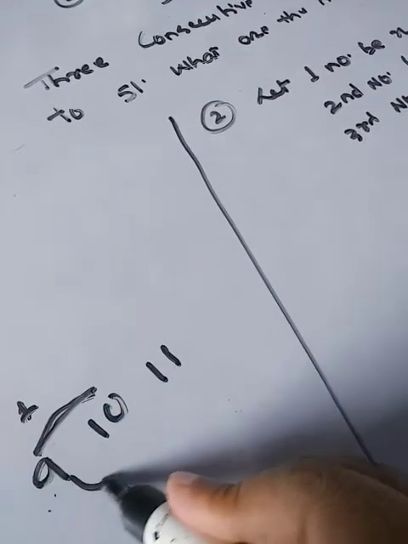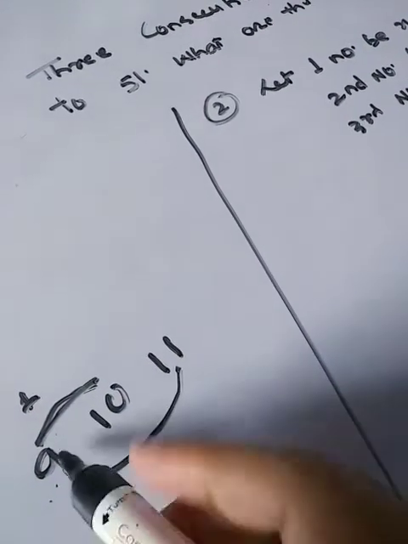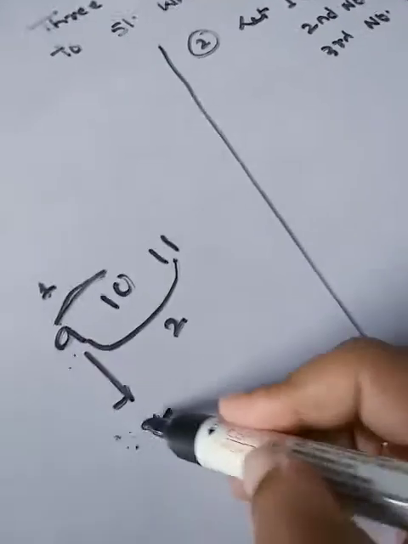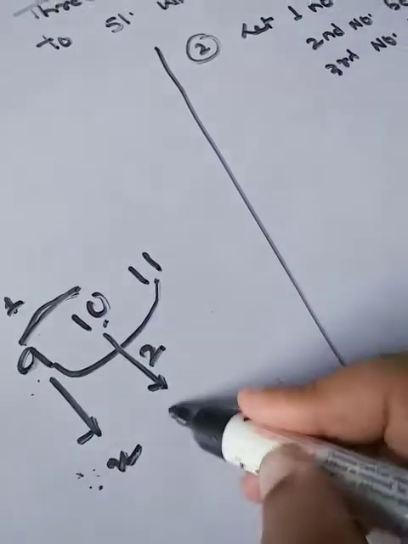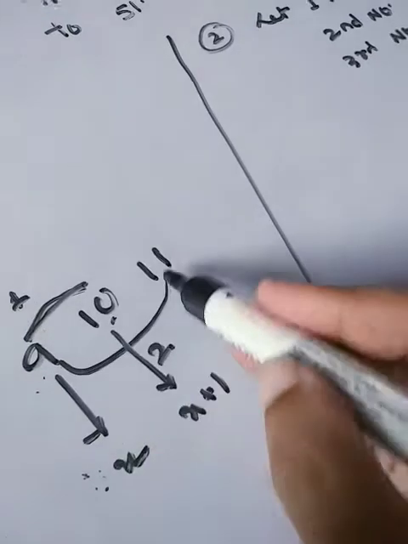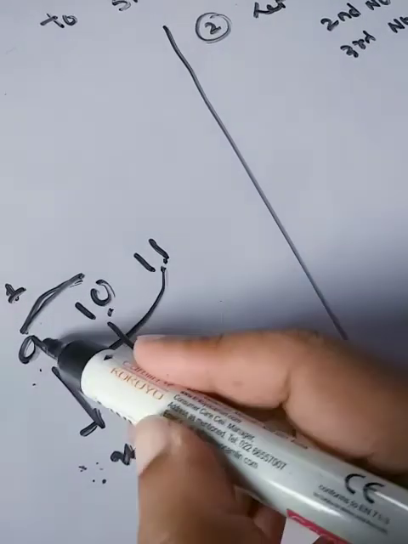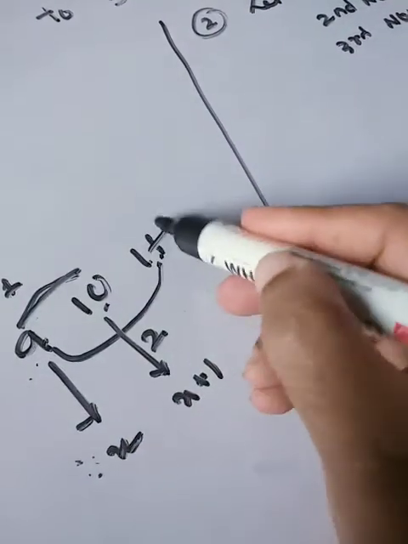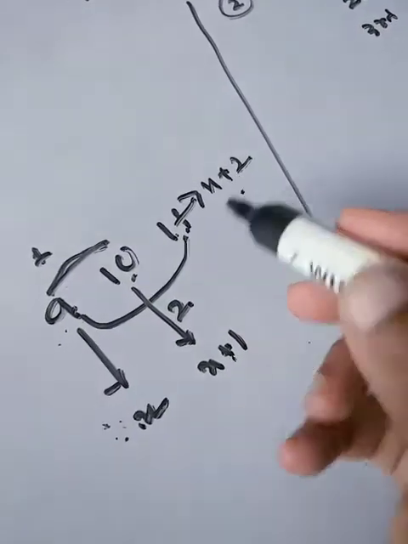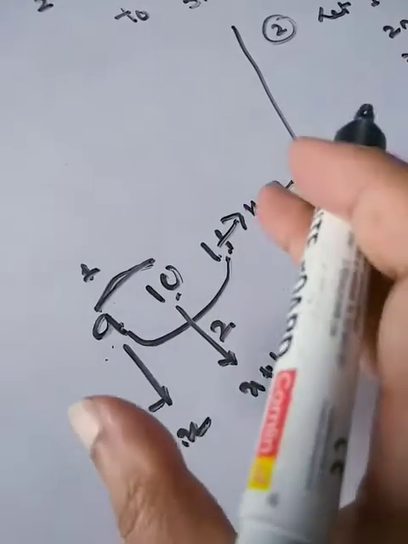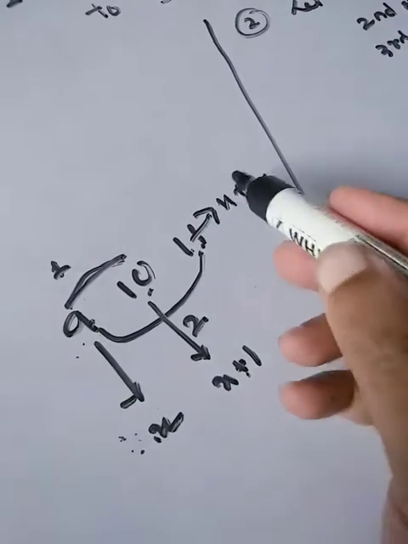And between 9 and 11? 2. If I take the first as x, what will the next number be? Obviously I have to add 1, so it will be x plus 1. And this number is 2 more than the first, so it will be x plus 2. These are the consecutive numbers. Any three consecutive numbers have the same type of relation.